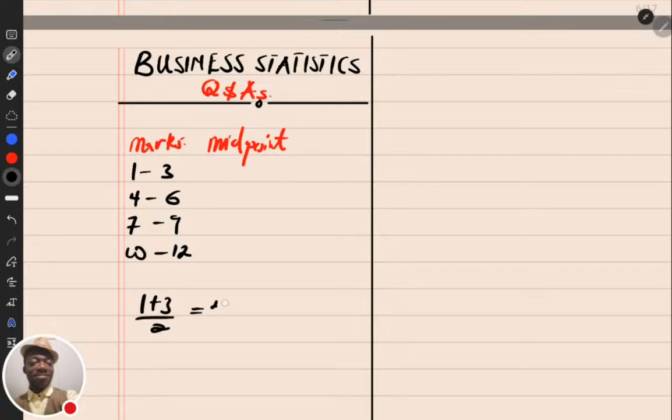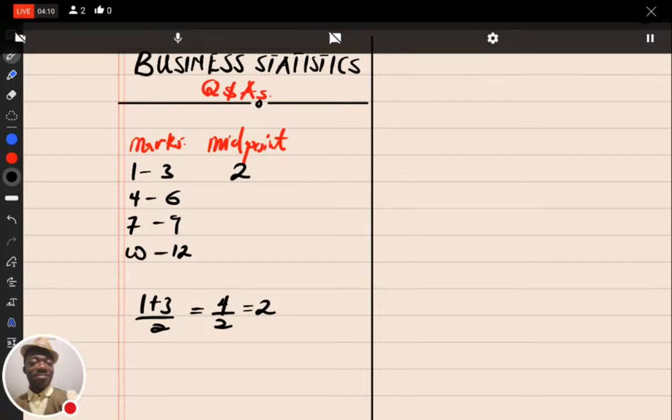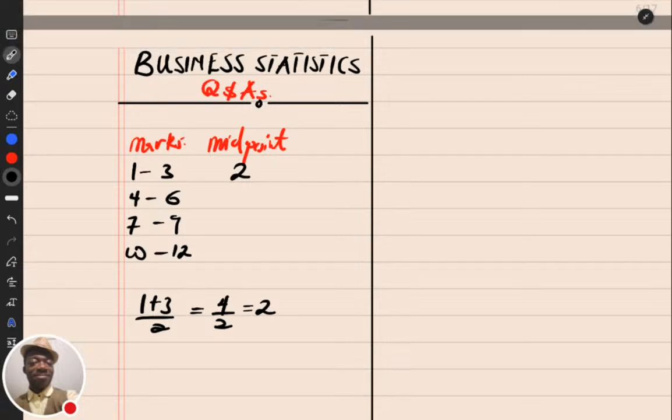We get 4 over 2, which is 2. So we have 2 as our midpoint. When it comes to group data, you may want to use the midpoint as the values of x that we multiply by the frequencies to find fx. Use that together with the f so that we can find the mean.